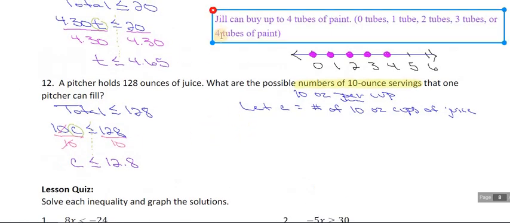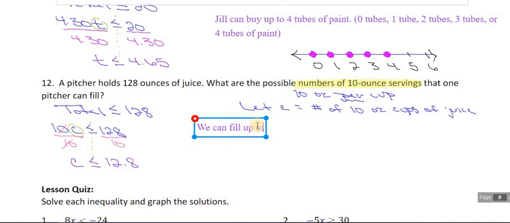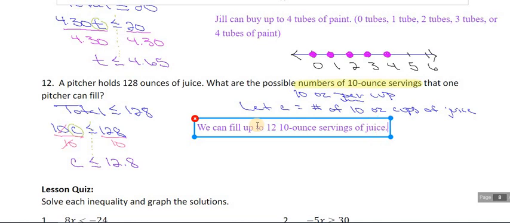Okay, so just like this previous problem, we can fill up to 12 10-ounce servings of juice. Or the pitcher can fill, sometimes it's just weird writing a sentence.